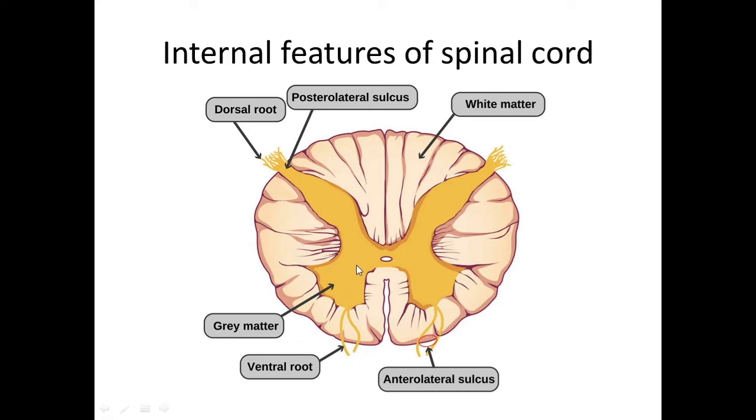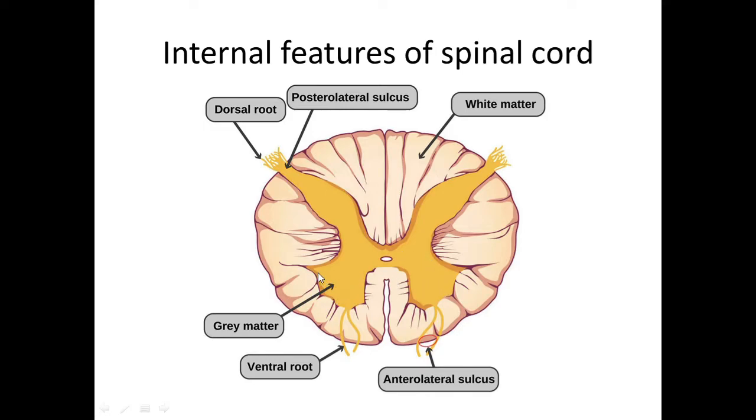The grey matter is H-shaped and extends throughout the entire length of the spinal cord. The grey matter consists of nerve cells, neuroglia and blood vessels.